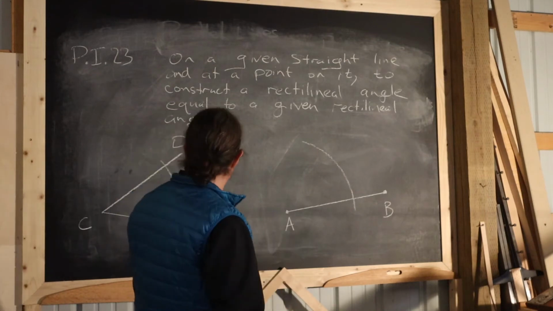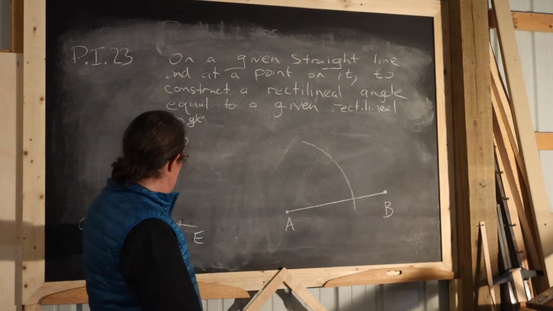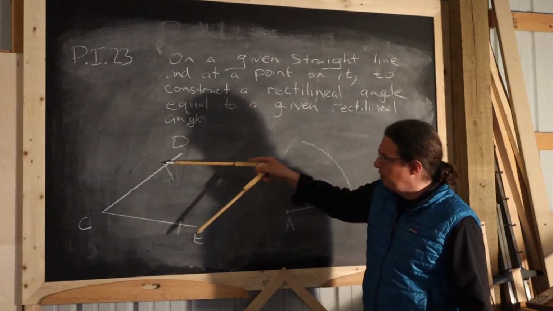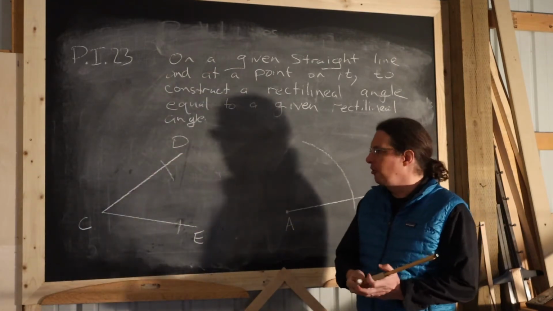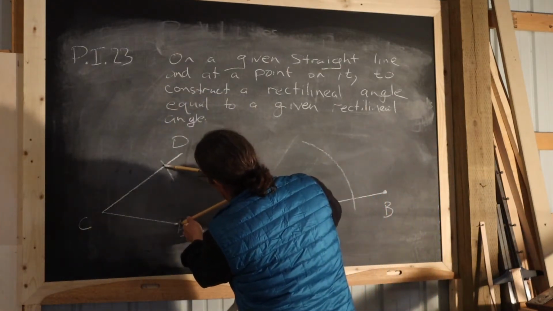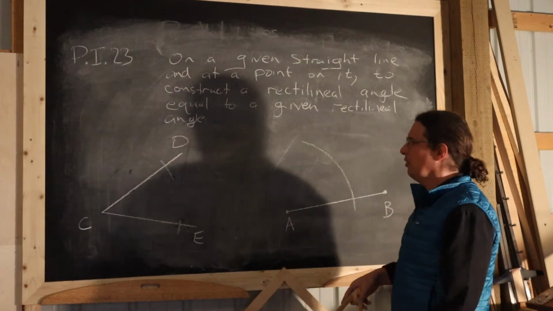away from point A. Now, I'm going to measure the distance between these two intersections on my original angle. Measure it, and then I'm going to transfer it over here.